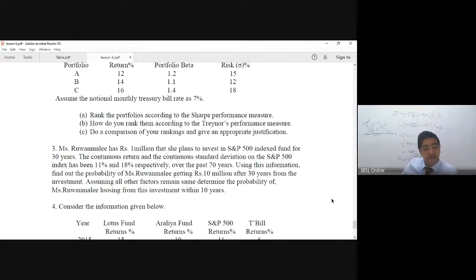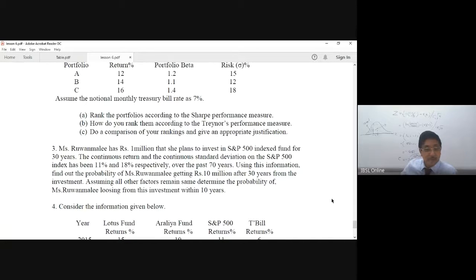Ms. Ruwanmali has rupees 1 million that she plans to invest in the S&P 500 index fund for 30 years. That's a rather longer span. The continuous return and the continuous standard deviation on the S&P 500 index have been 11 and 18 respectively over the past 70 years.